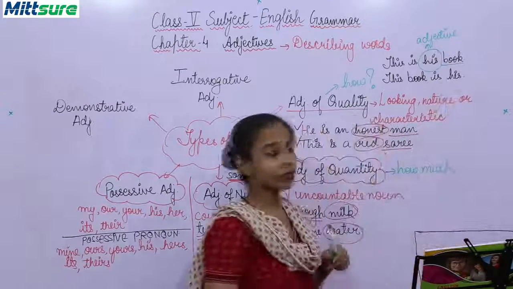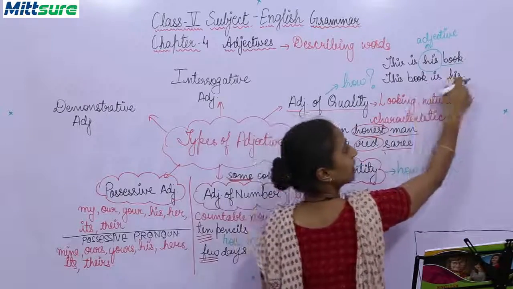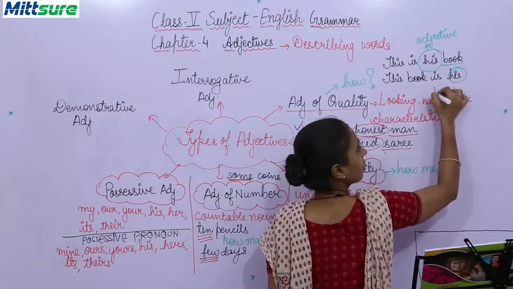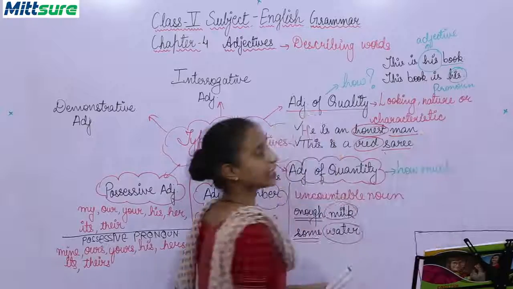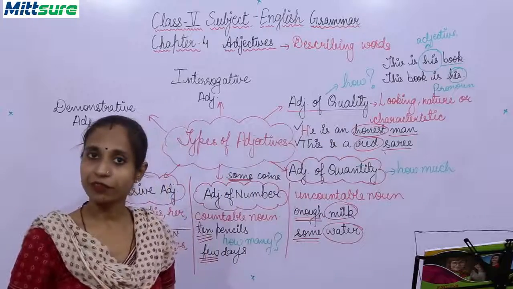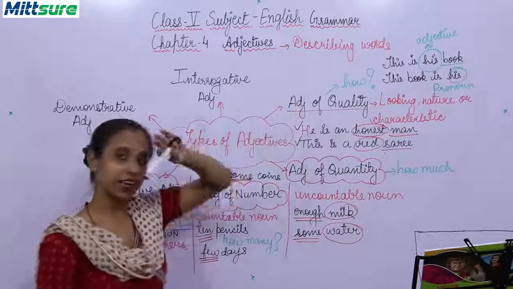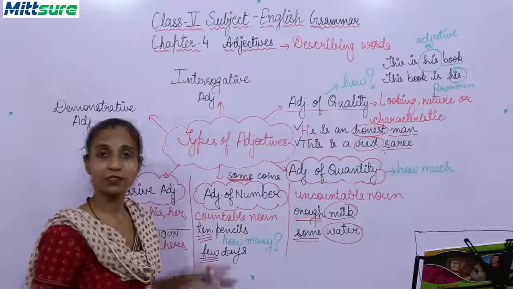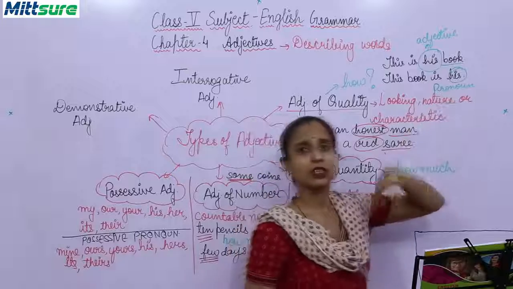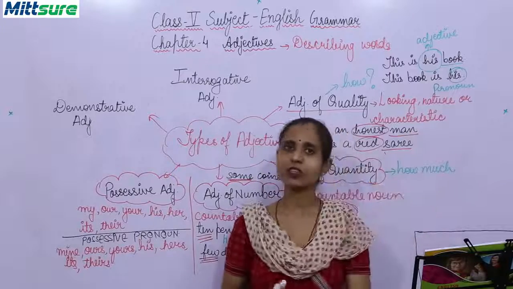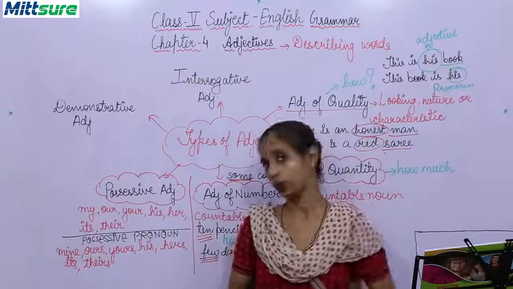All right. And here, this book is his. This will be a pronoun. This is how you can make a difference between possessive adjective and possessive pronoun. Pronouns usually come after or before the verb.